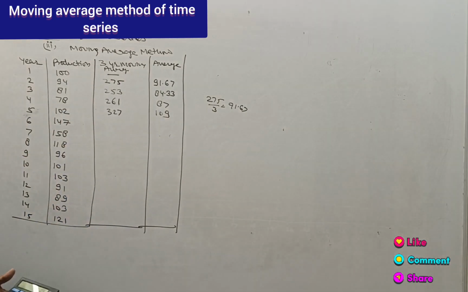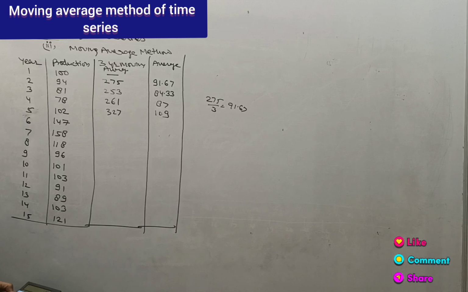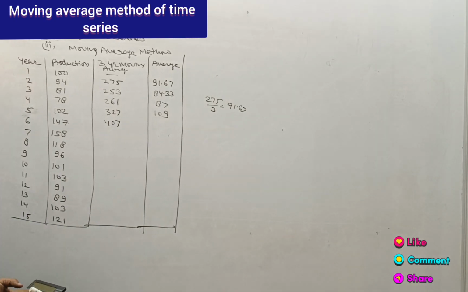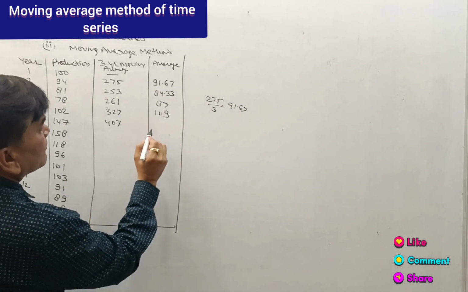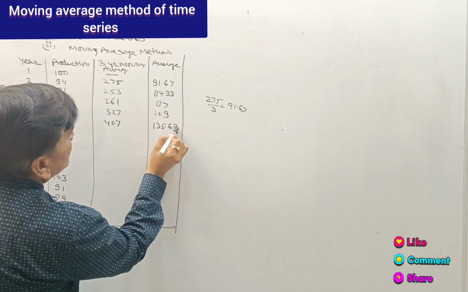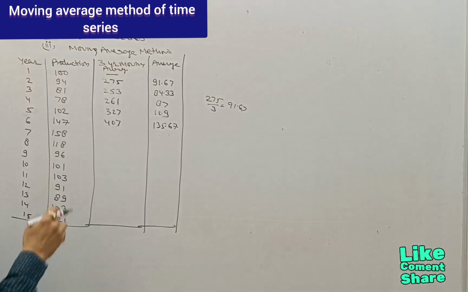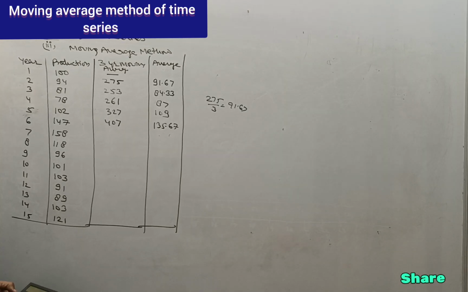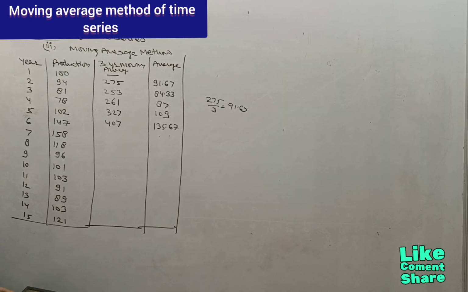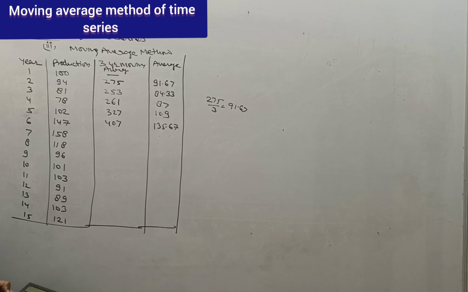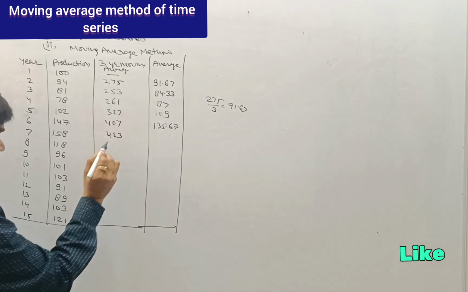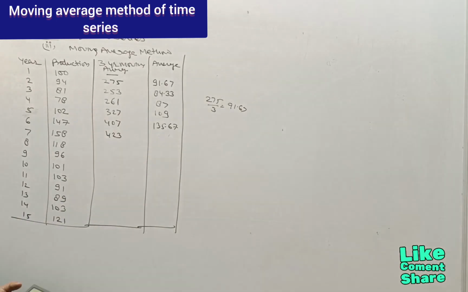Now 102 plus 147 plus 158, the total is 407. Divided by 3, that is 135.67. Now 147 plus 158 plus 118, so 423. Divided by 3, the average is 141.